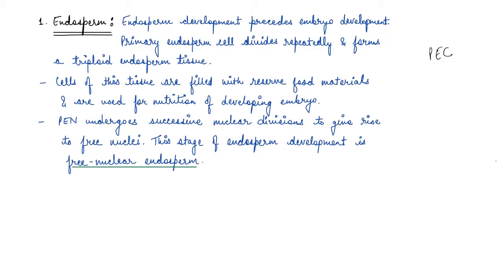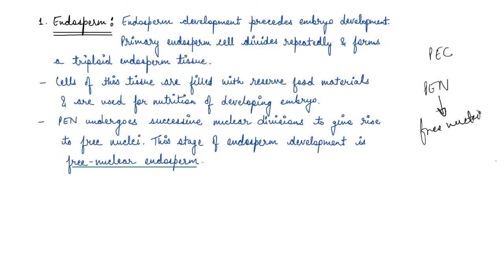Okay, so in the most common type of endosperm development, the PEN, which is the primary endosperm nucleus, undergoes successive nuclear divisions and it gives rise to free nuclei. Okay, so this PEN gives rise to free nuclei.